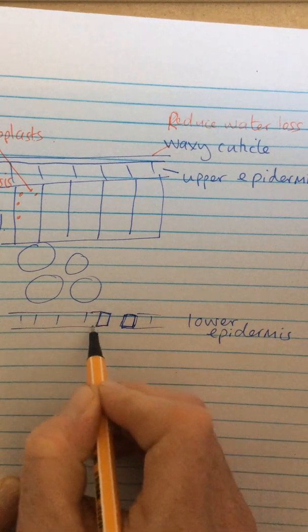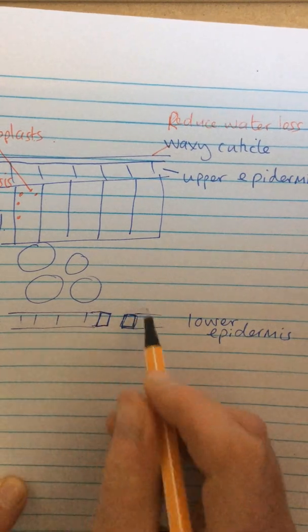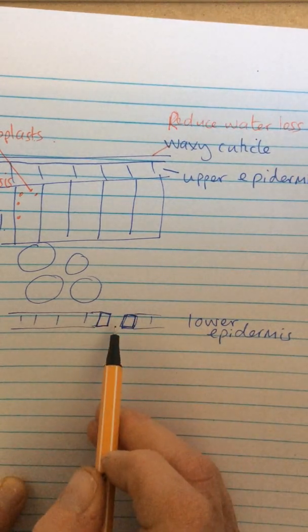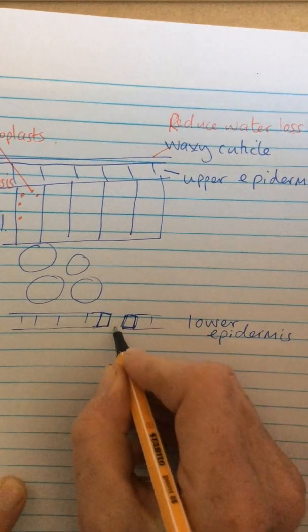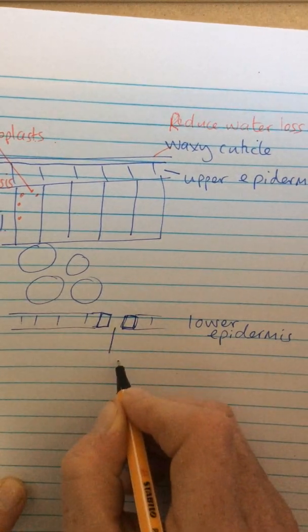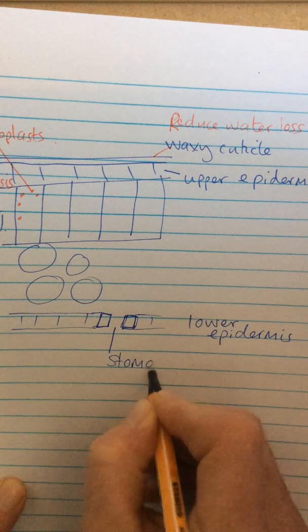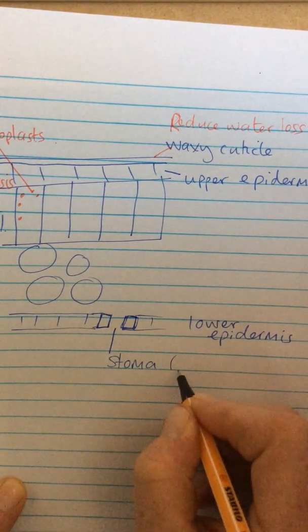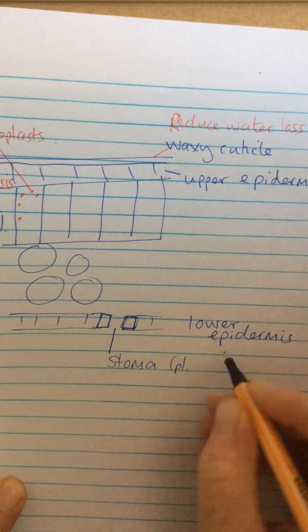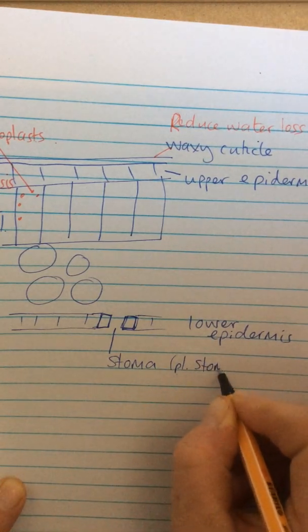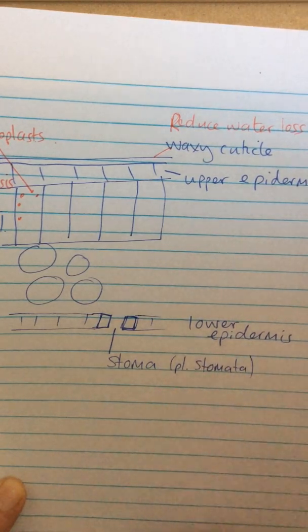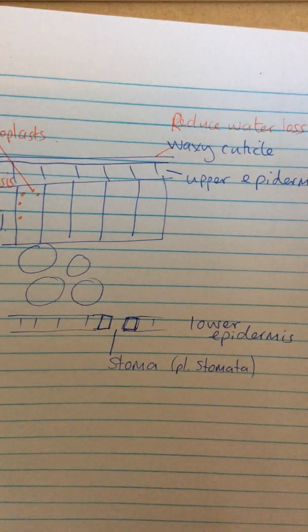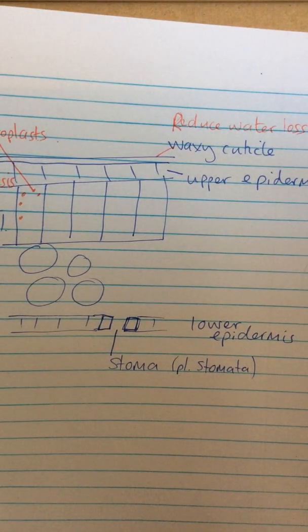So the lower epidermis has lots of tiny little holes in it. And those little holes are called a stoma. Stoma is the singular, and for the plural, we put a little PL, is stomata. So a leaf has lots and lots of stomata, or one of them is called a stoma.